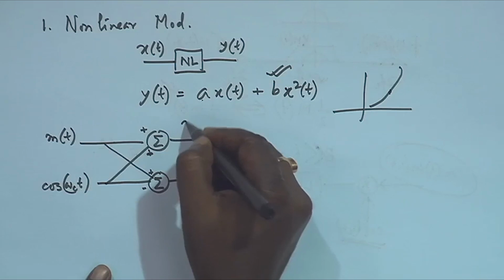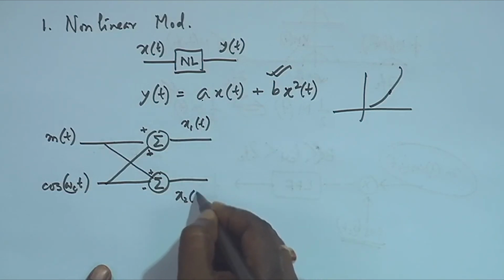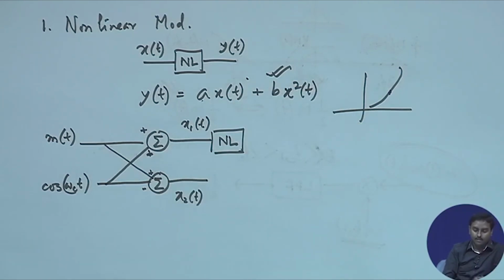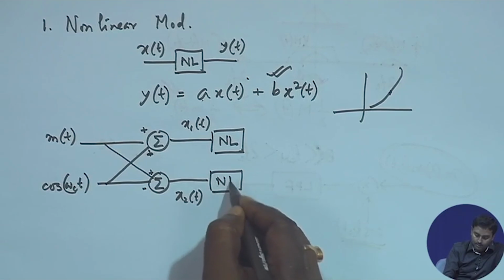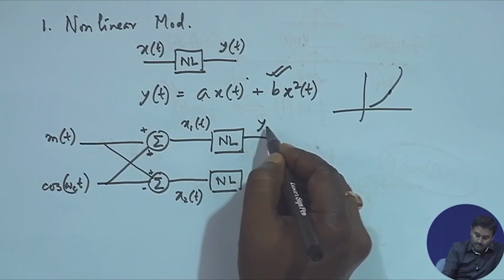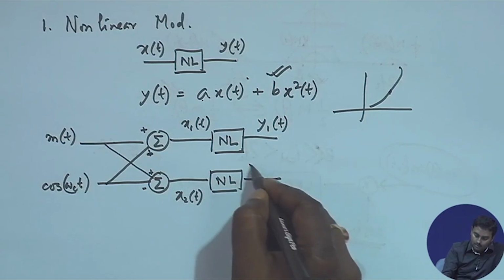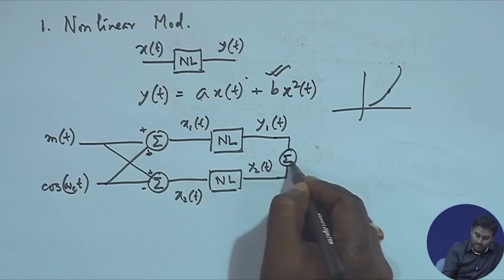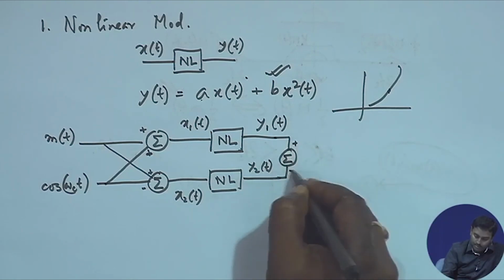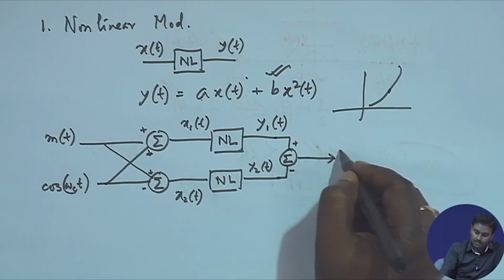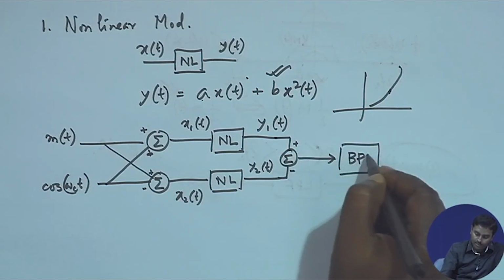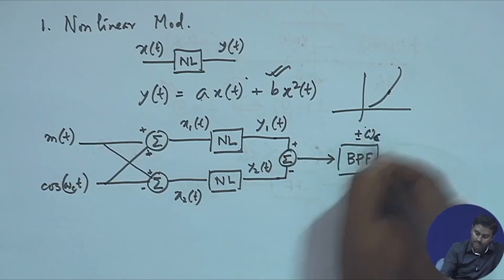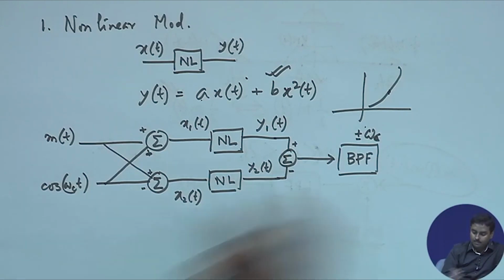I get x1(t) over here and x2(t) over here, and then I pass each through a nonlinear device of this nature. So I get y1(t) and y2(t). After this, I pass them through another subtractor, and whatever I get, I pass through a band pass filter centered around plus minus ω_c, or f_c.